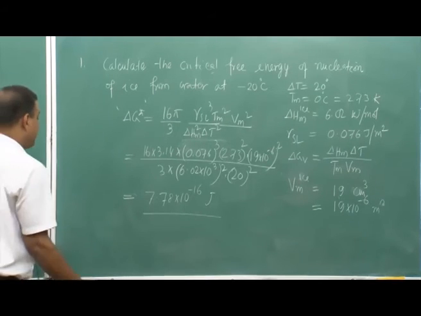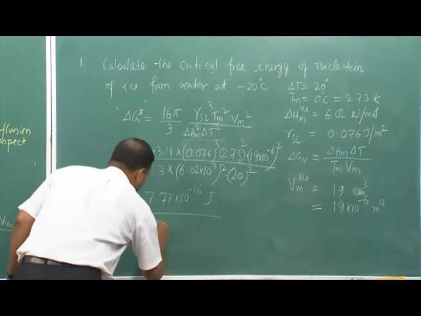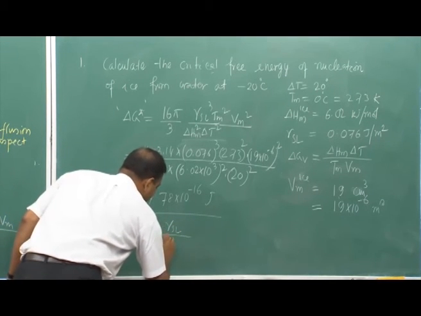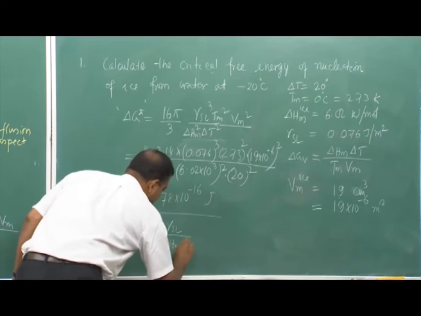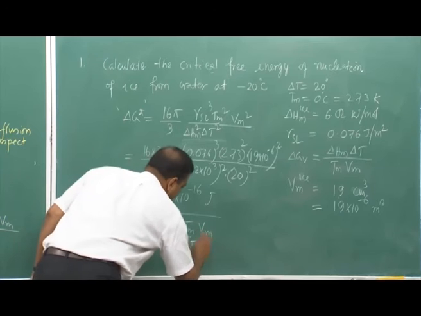Now, you can also find out R star by 2 gamma SL by delta Gv, that is delta Hm delta T by Tm Vm.